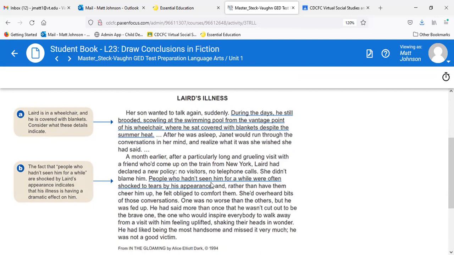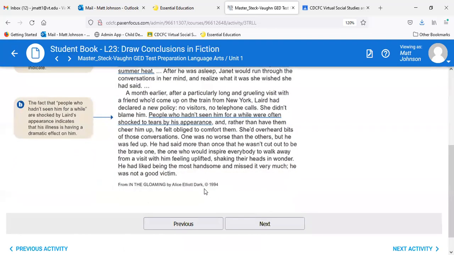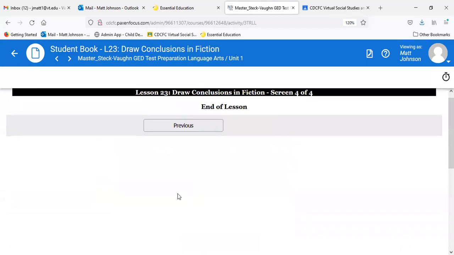Maybe he was born with a birth defect or some congenital disease that he's been wheelchair bound his whole life. When you get to the second part, you understand that people who haven't seen him for a while are affected by his appearance. Now you see a decline in somebody's health. And you take those two together, boom, now you have a conclusion you could draw.